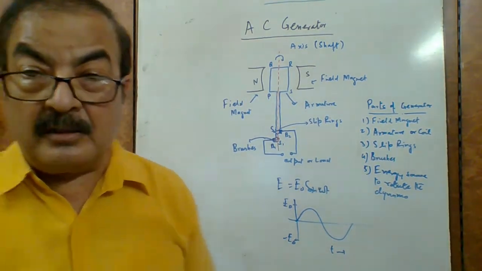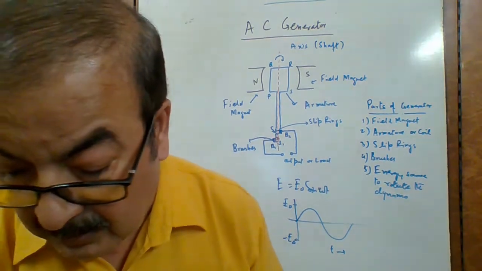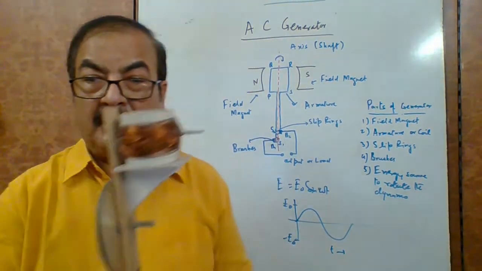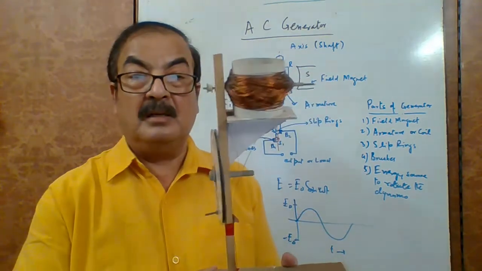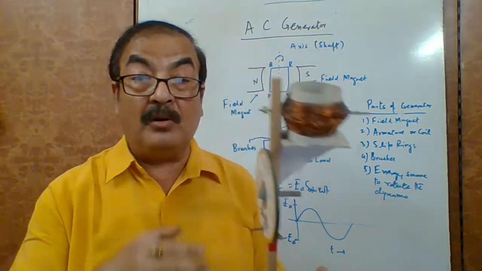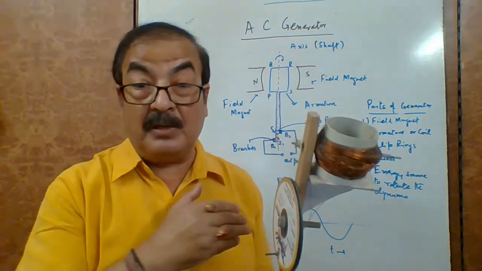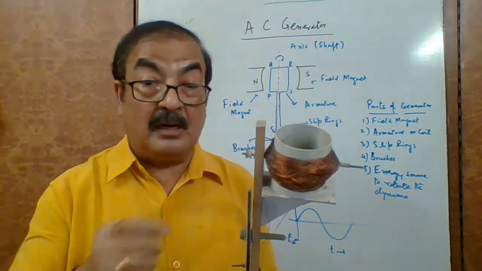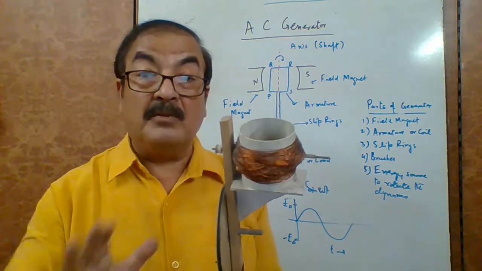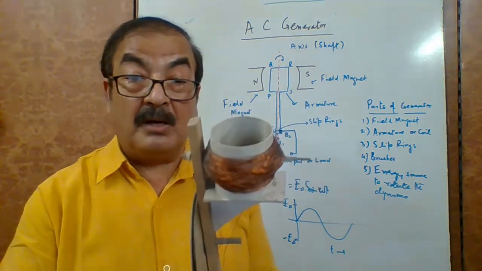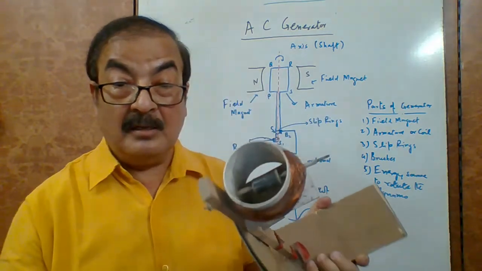At home also you can prepare a generator. Very simple. You can see I have just made this type of generator here. Here we don't have the slip rings, split rings, and other things like a rectangular coil. We have not used even a field magnet, but rather we have taken a rolling cylindrical magnet.